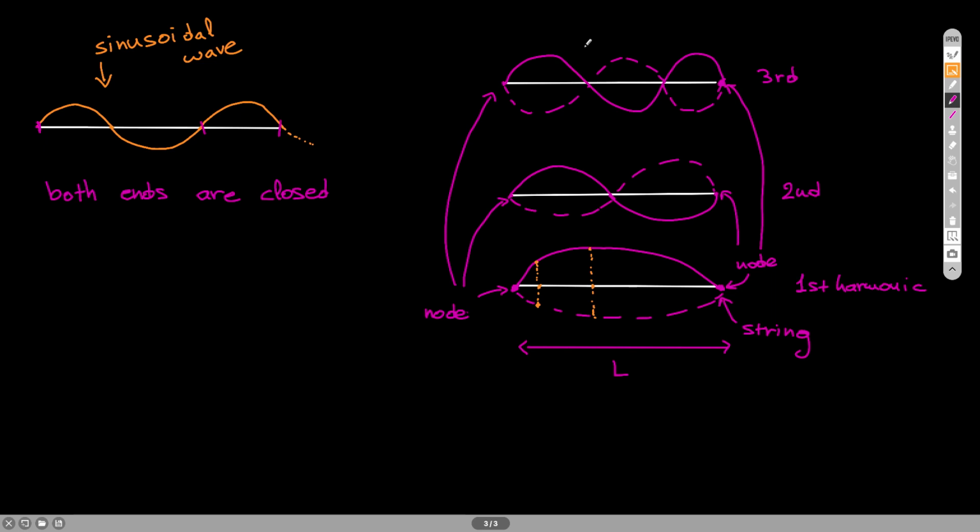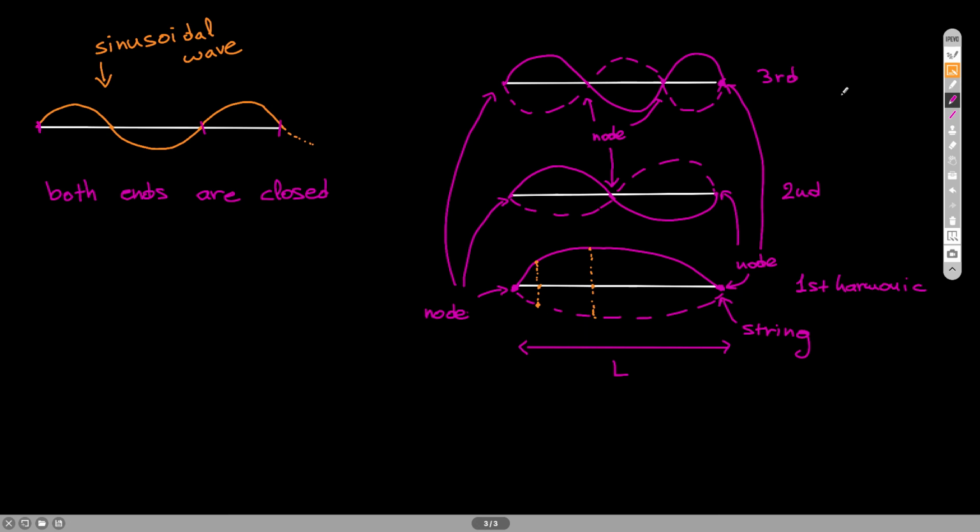The third harmonic includes two nodes, one here, this point, and this point. So these are the nodes. You see one on the second harmonic, and you see two on the third harmonic. And as you can imagine, if you draw the fourth harmonic, you will see 3 nodes. If you draw the fifth harmonic, you will see 4 nodes, and so on.